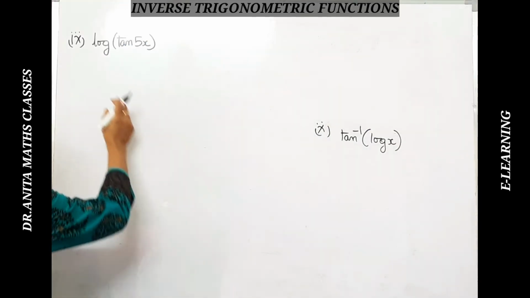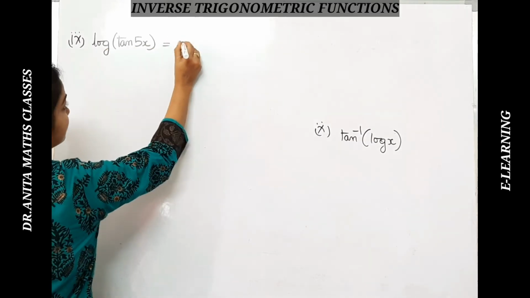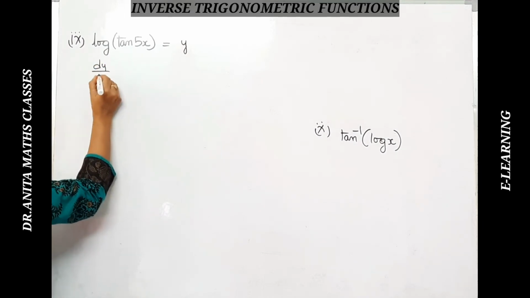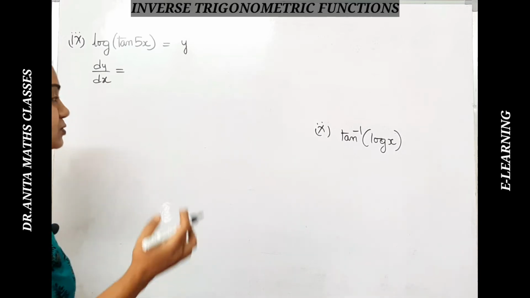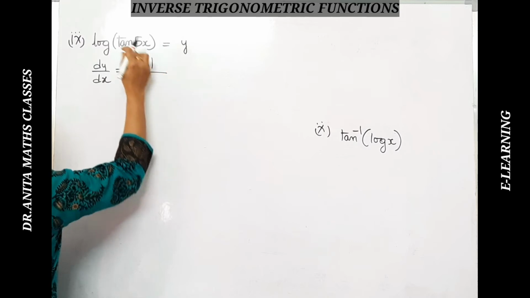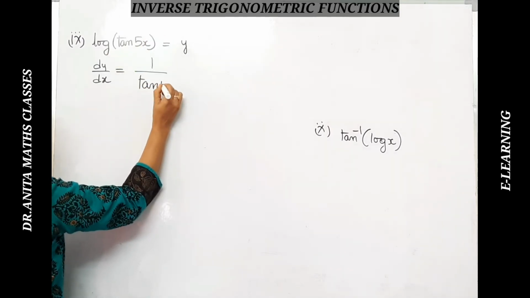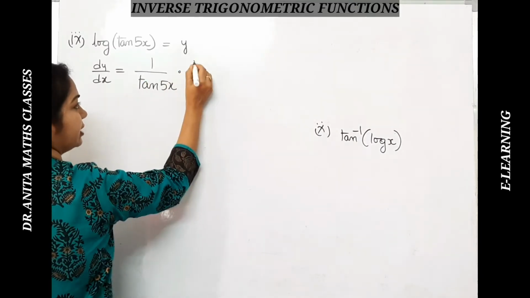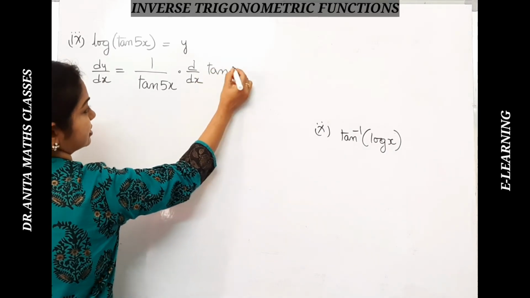So the ninth problem here, log of tan of 5x. Let us suppose this as y, differentiating with respect to x, dy by dx. Since this is a log function, the derivative of log x is 1 upon x. So here the x is tan 5x. And further using the chain rule, we have to differentiate tan of 5x.